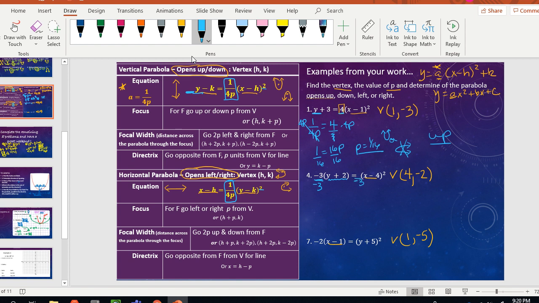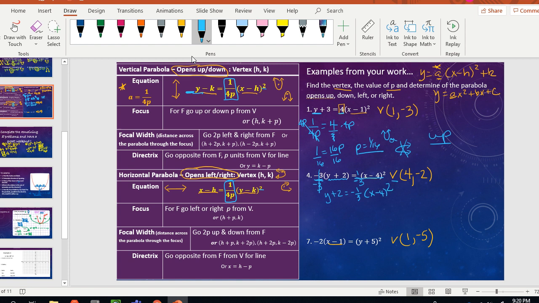Now, if you just put a big whoosh and it goes over 3, that's not okay because that's not how this is written. The 1 over 4p is up in front. So we're going to put 1 over negative 3. So now our new equation is y plus 2 equals negative 1/3 times x minus 4 squared. Now, did that change our vertex?